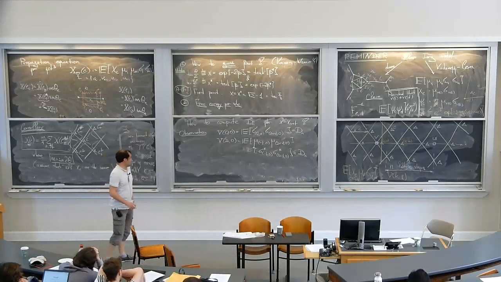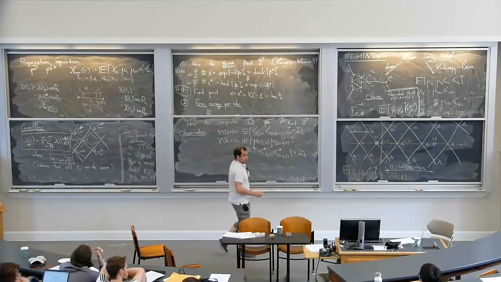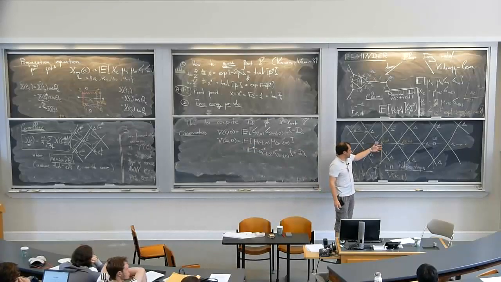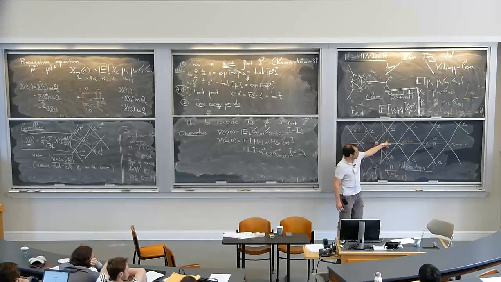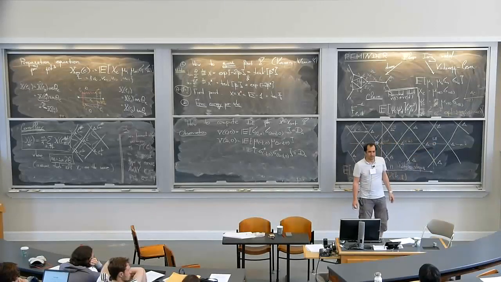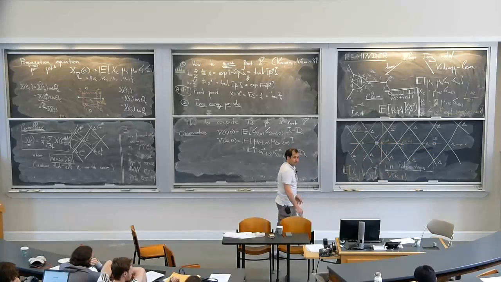U and V are fixed, but they depend on n. So V is (-1/2, 0), which is independent of n, and U is (2n+1/2, 0), like in this picture.